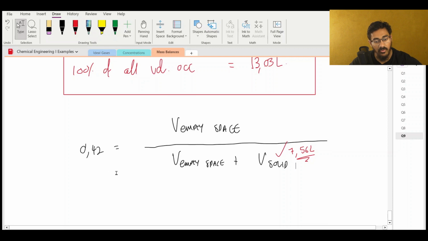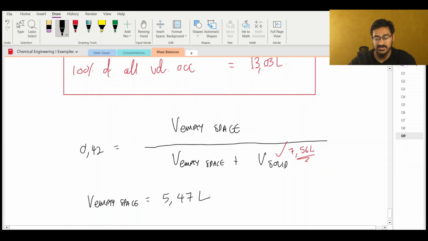And if I solve this in my programmable calculator, then I get that the volume of empty space is equal to, oh, and I didn't work it out. Okay, so let's do that, right? 0.42 is equal to an unknown amount over an unknown amount plus 7.56. And if we solve for this, we should get that the volume of empty space is 5.47 liters.